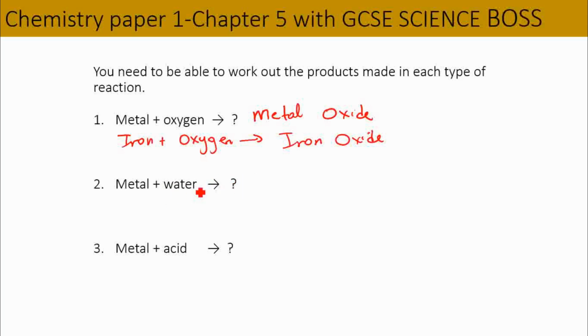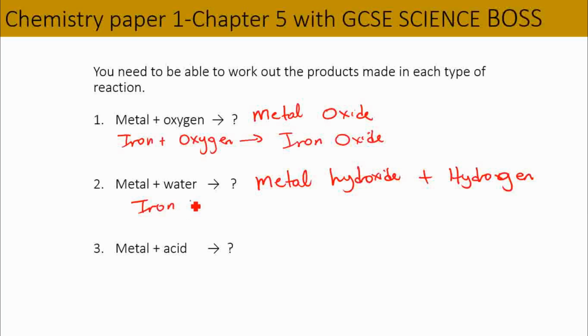Now if you're reacting a metal with water, you will form the metal hydroxide and hydrogen gas. For example, if you're reacting iron with water, you are going to form iron hydroxide, very simple, and you're also going to be forming hydrogen gas.